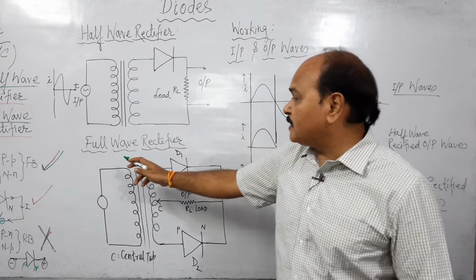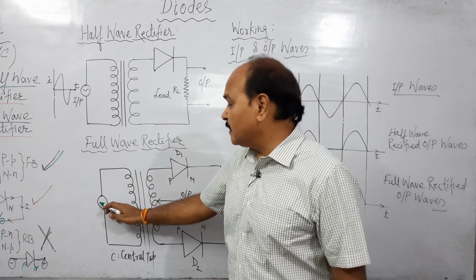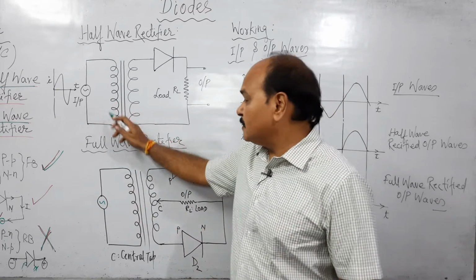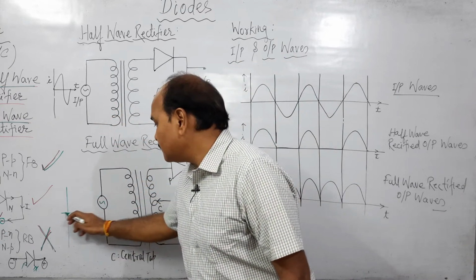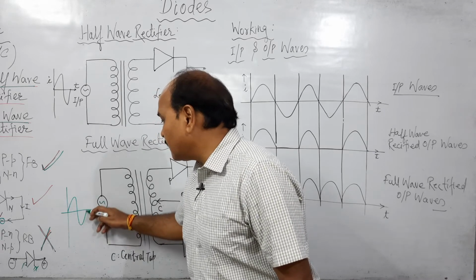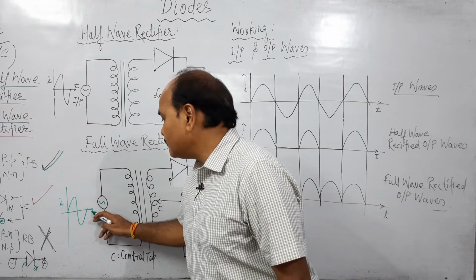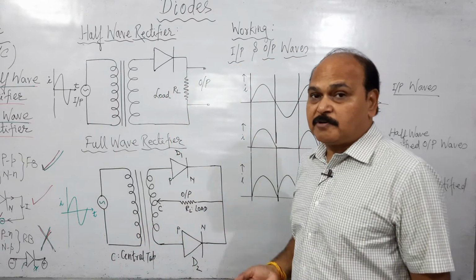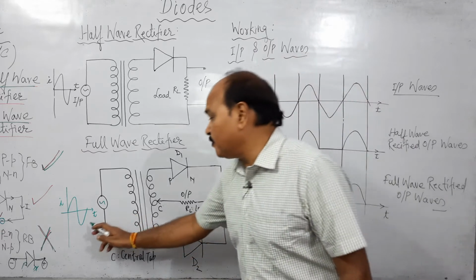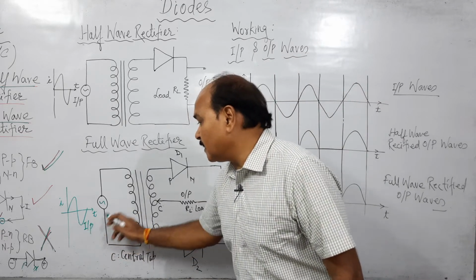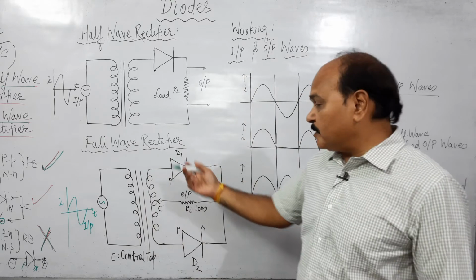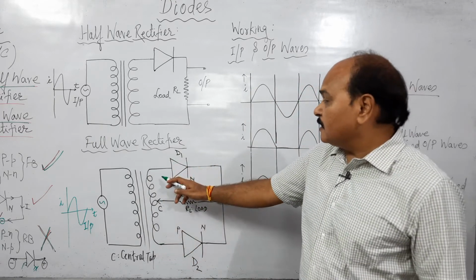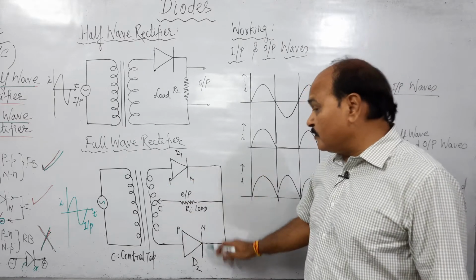Well, in full wave rectifier, this is alternating source. As usual, this is transformer, this is input AC, and this input AC is time varying current with respect to time. This time varying current varies with respect to time sinusoidally. So this is input I/P connected across primary of the transformer, and this is secondary of the transformer, and secondary of the transformer here is connected with two different diodes.